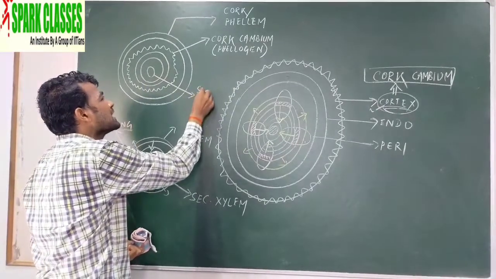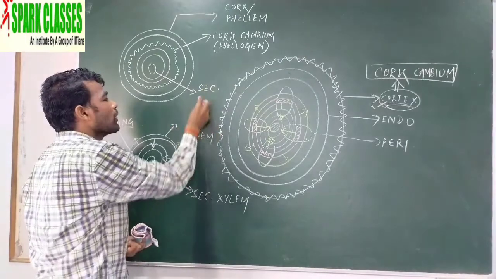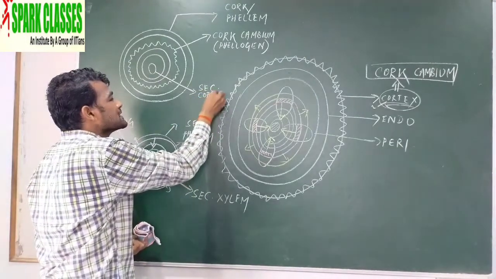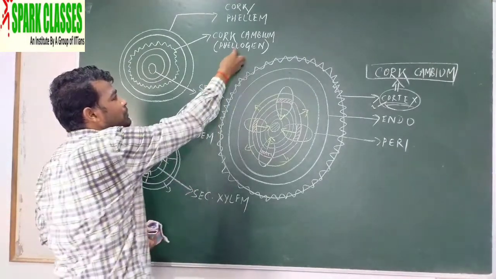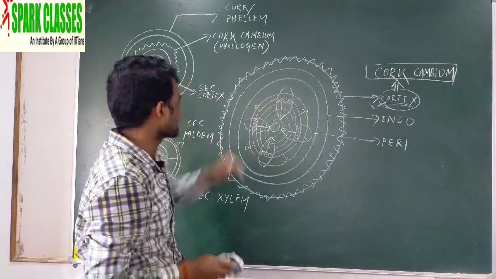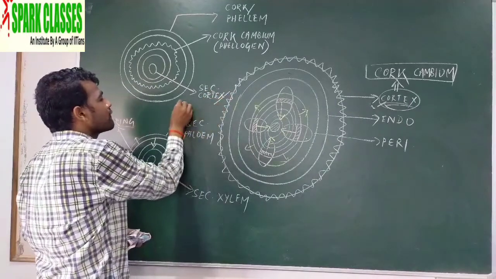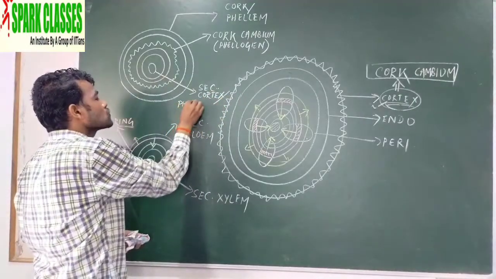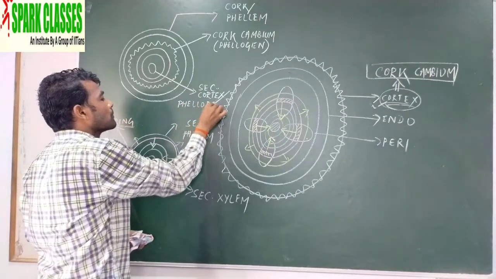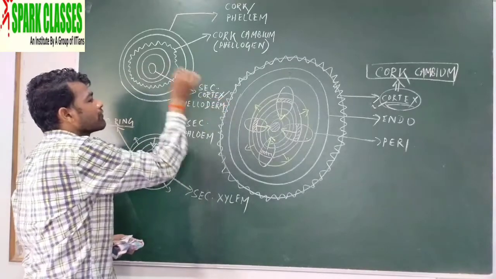There is a secondary cortex. Not secondary phloem, it is a secondary cortex, because these are produced from the cortex layer. Already I had told you the cork cambium is produced from the cortex layer. Secondary cortex is also called phelloderm.